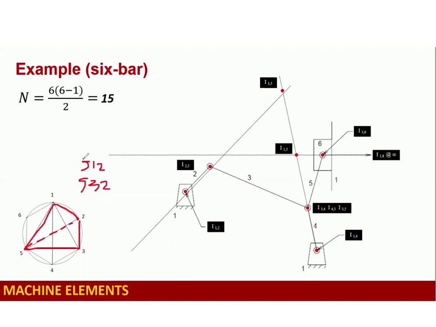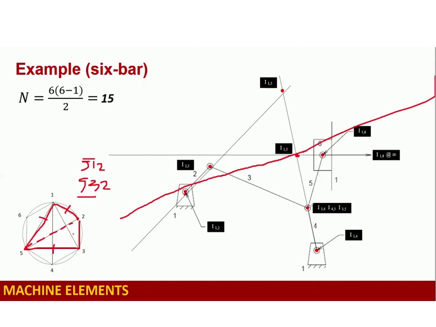We need to locate 5, 1. So this portion here, and then 1, 2. So our 5, 1 is this point, and then we have 1, 2 is this point. So we just connect these two points. And then find another one, which is 5, 3, and then 3, 2.